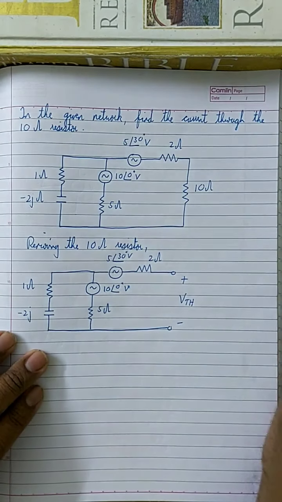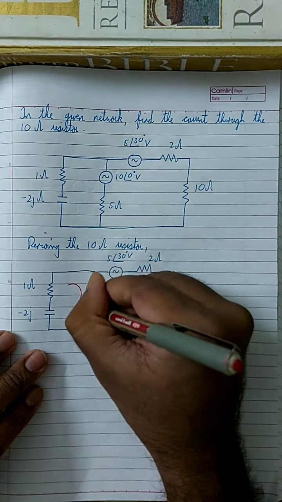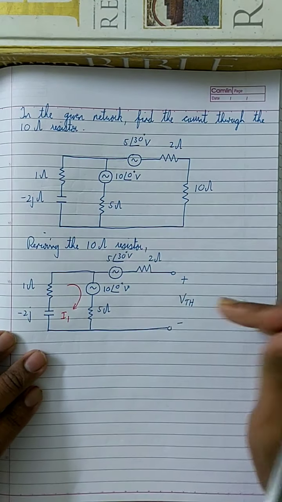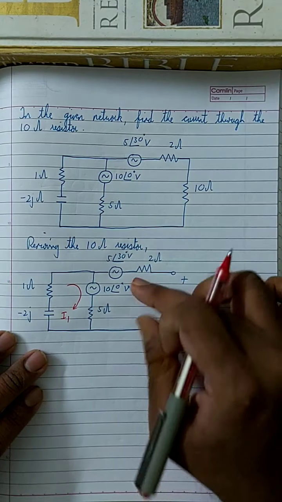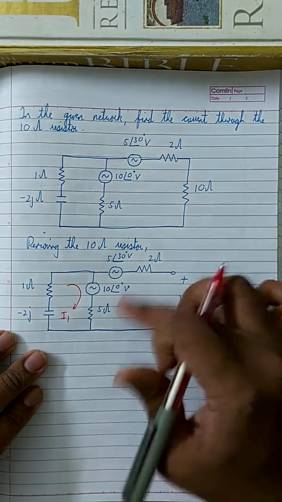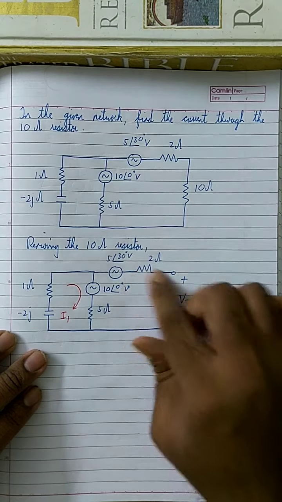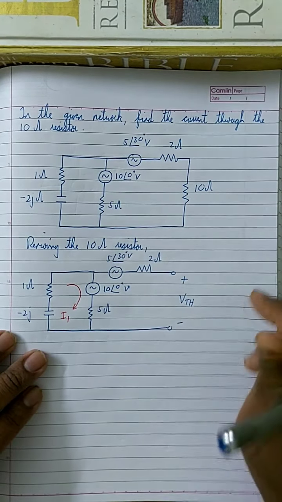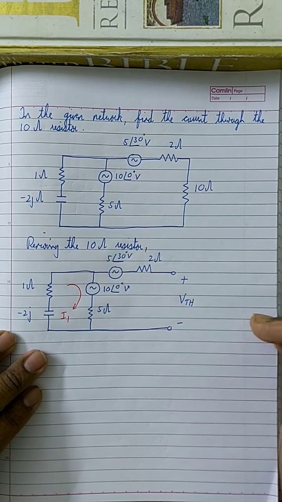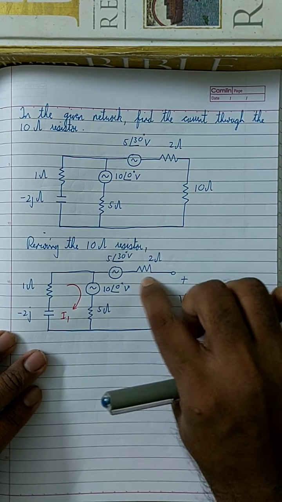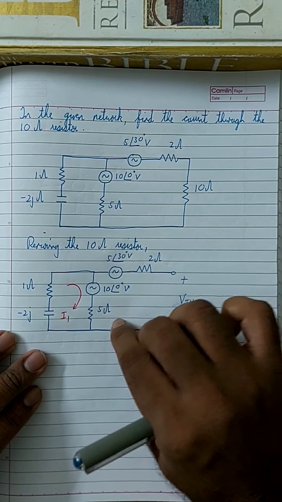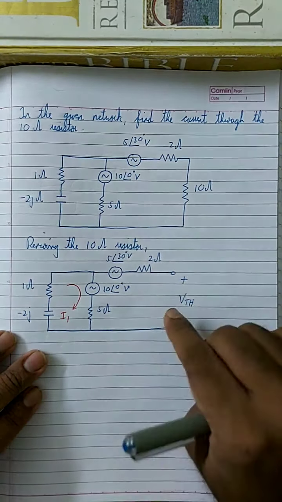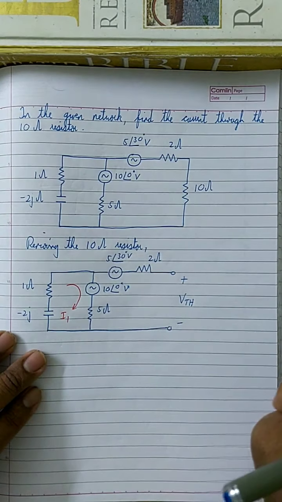So let me mark the mesh currents. I1. I'm hesitant to mark I2 over here because it's actually wrong to mark a mesh current when this is not a mesh. An open loop is never a mesh, so I'm not going to mark it. If you are tempted to mark I2, then draw the arrow and write I2 is equal to 0, otherwise the examiners will get confused and might cost you some marks.